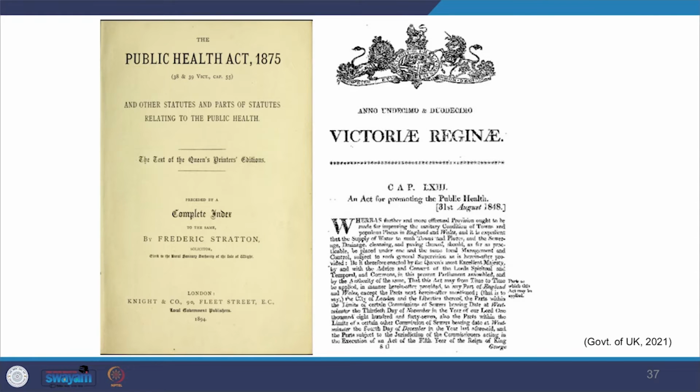In 1875, the Public Health Act became compulsory, unlike the act before, and in this, the sewers and water supply and inspector's position was created. So you can see here the Public Health Act from the archival.